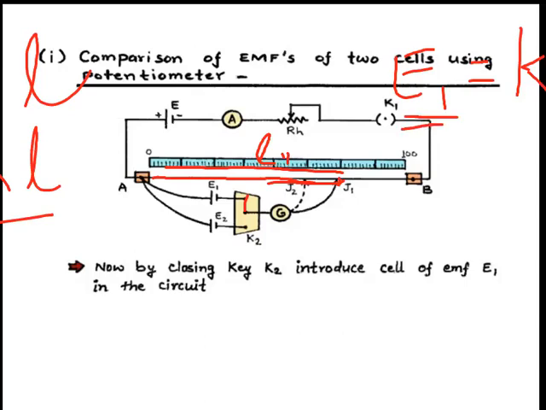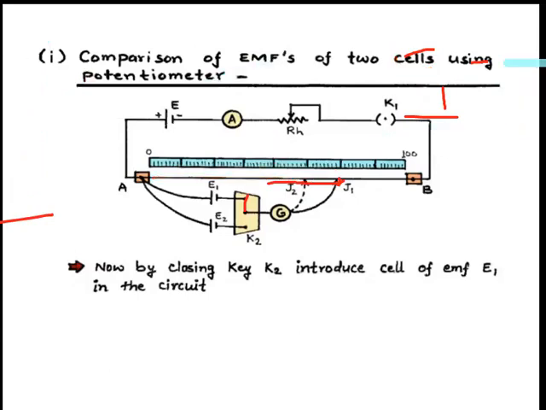Then K is the potential gradient, that is the same. And the length, what is the balance length? L1, just now we found out, that is L1. So this is our equation for cell number 1 with EMF E1. Right children?